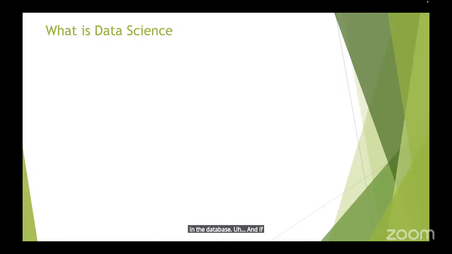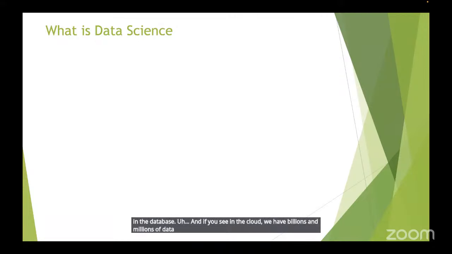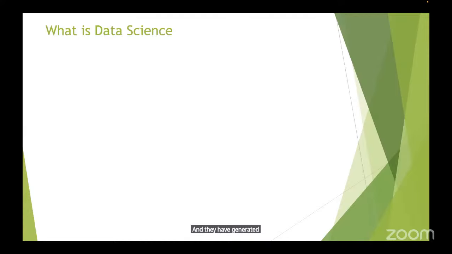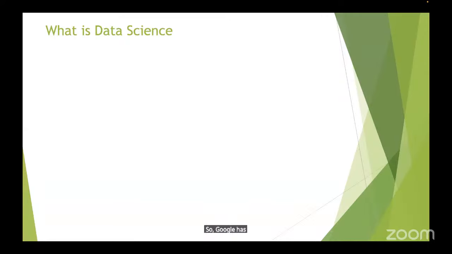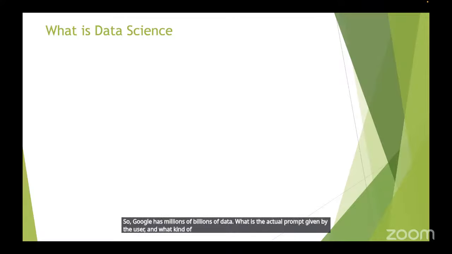And if you see in the cloud, we have billions and millions of data available from a lot of companies, a lot of products, and they have generated so much data. Whatever you do in Google search, whatever results you get, is all stored in some database. So Google has billions of data. What is the actual prompt given by the user and what kind of response they are looking for.